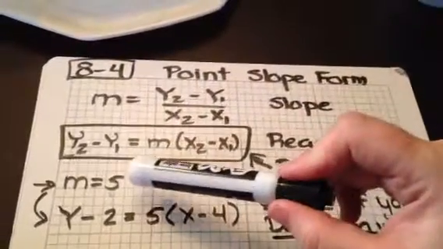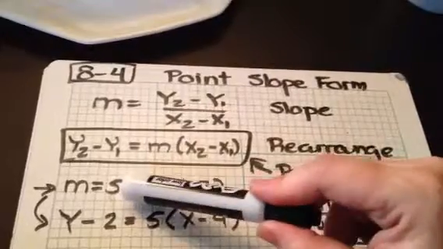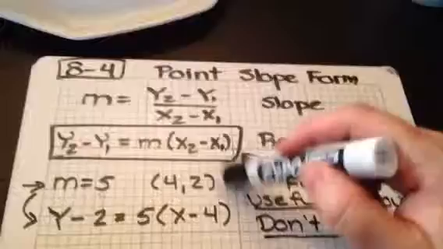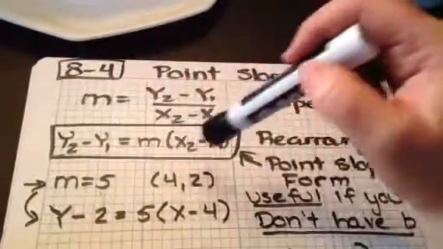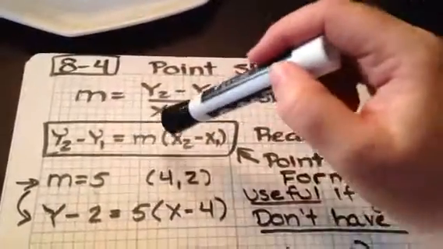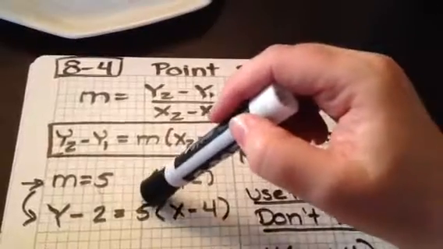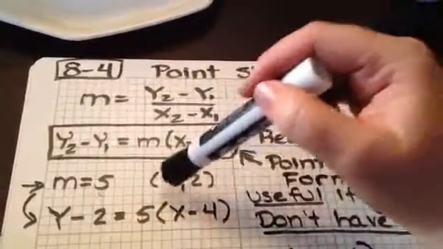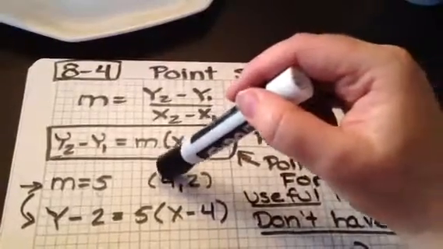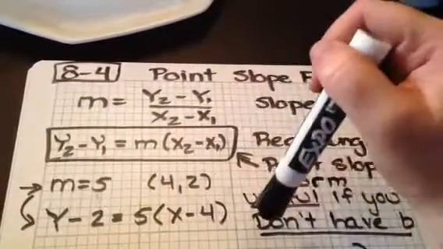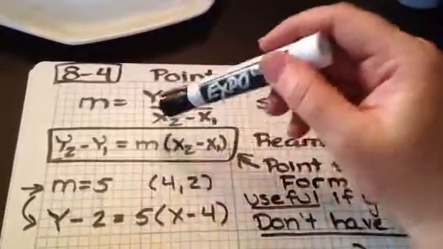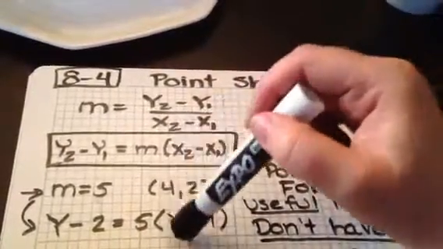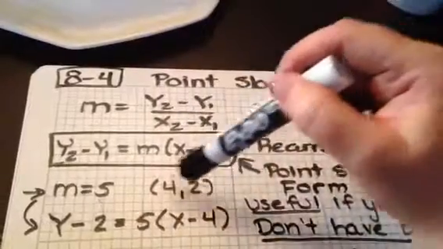So for example, if you're given that a line has a slope of 5 and it runs through the point 4, 2, you would use this form up here and say, okay, well, the slope m has to be 5, so you're going to write 5 instead of writing m. And since it runs through the point 4, 2, and this is x1 and this is y1, we're going to write 5 times x, because x2 we don't know, minus x1.